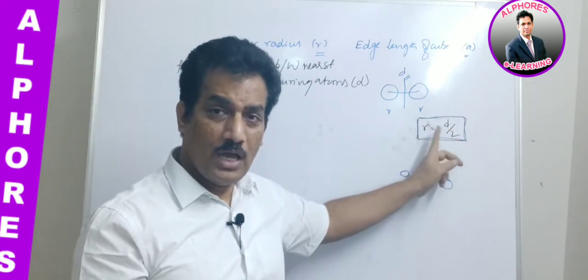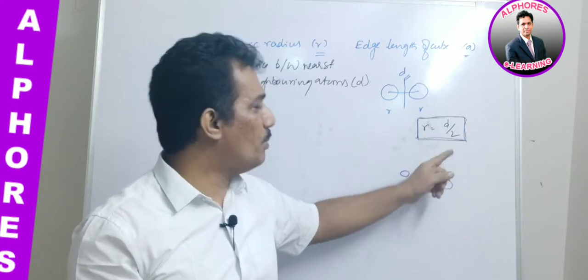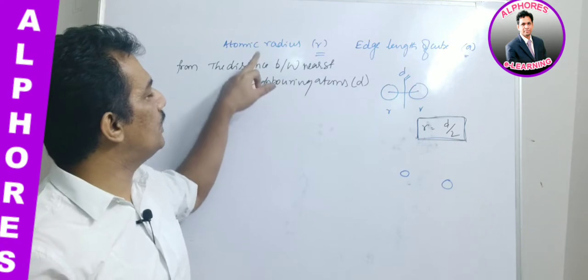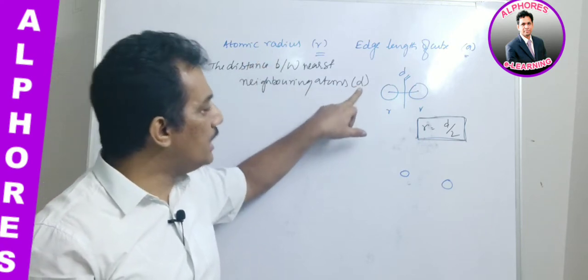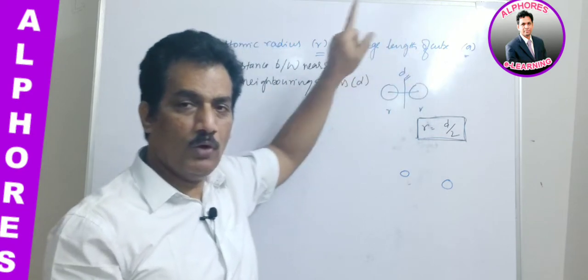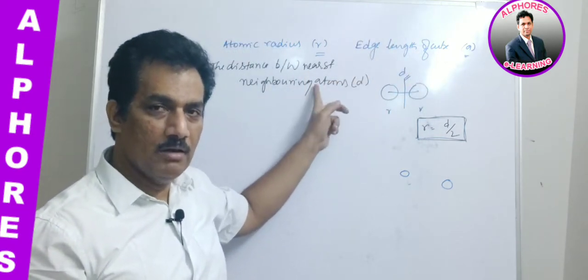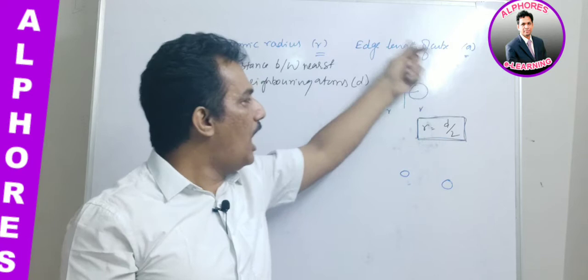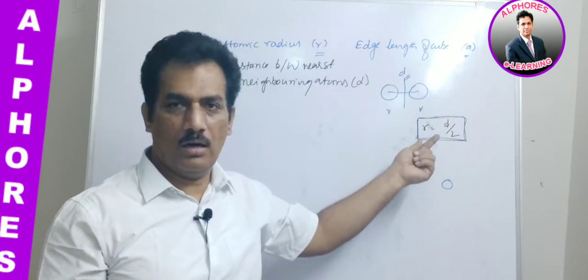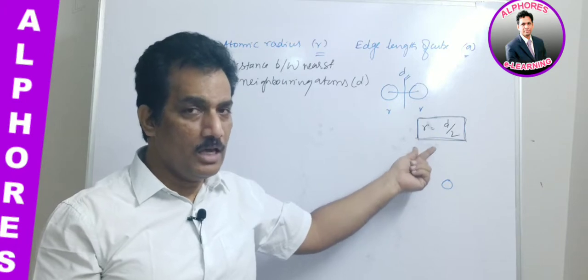And why we are considering like this? Just you remember this D, that is internuclear distance between the nearest neighbors. D is related to A. So once we find this D with respect to A, after finding this D, the D by 2 is nothing but R. Clear? Are you clear with this one?